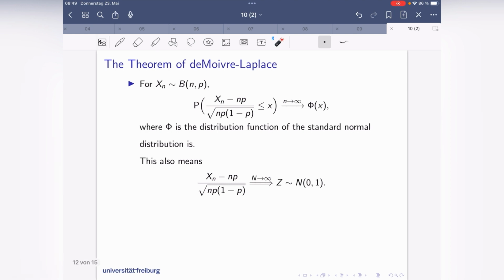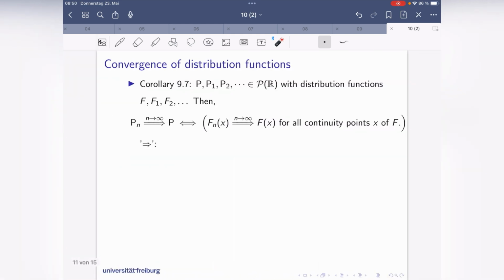Theorem of de Moivre-Laplace, xn is binomial distributed with n and p, and you show convergence of the distribution functions, like this here. And I claim that's the same as V convergence, but we need to find a connection between convergence of the distribution functions and V convergence. And that's this theorem here.